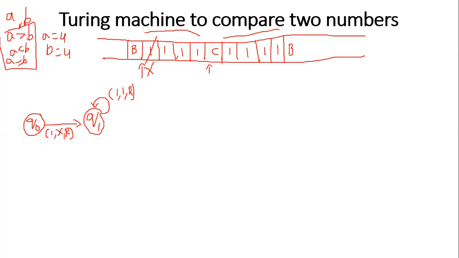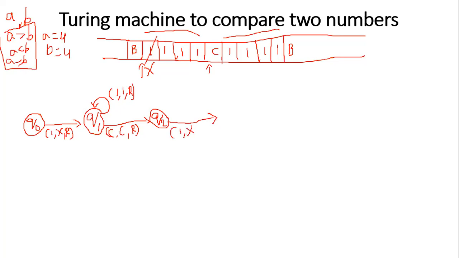Once you enter the C part, just move to the right side, and from there onwards check whether one is there or not. If one is there, replace 1 with x.